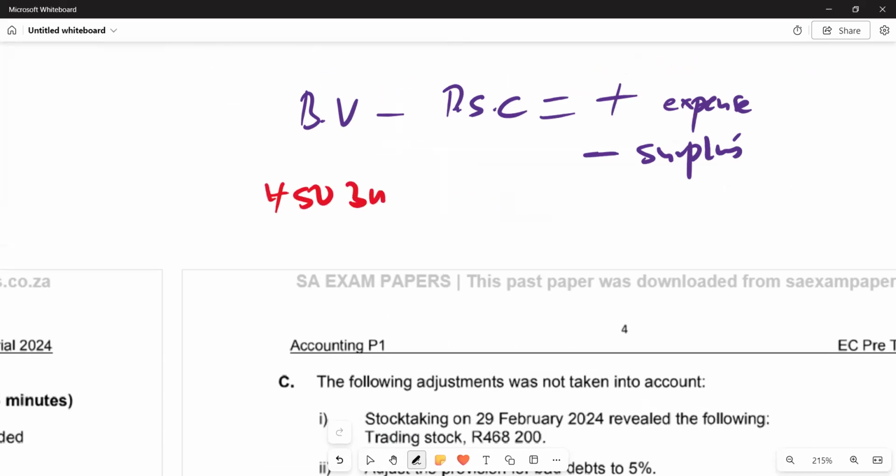We subtract the physical stock count figure which we are given here as 468,200, which is stock taking on 29 February 2024.